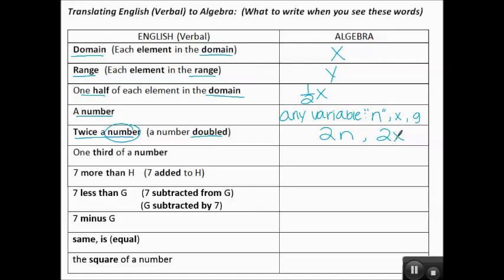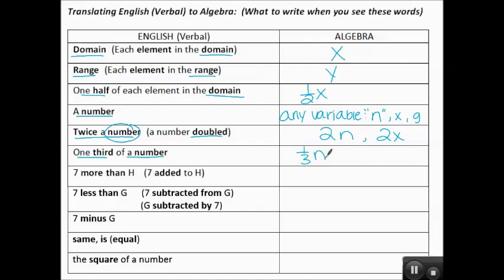In our next example, 1/3 of a number, we would use a similar pattern. 1/3 n, 1/3 of an unknown value of my number.